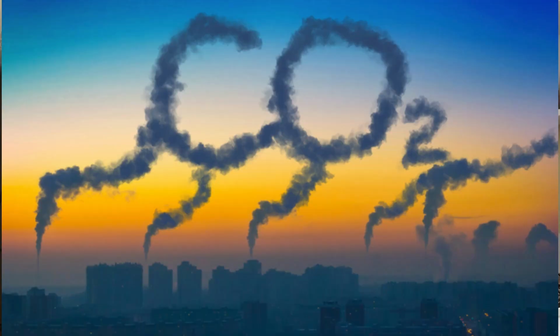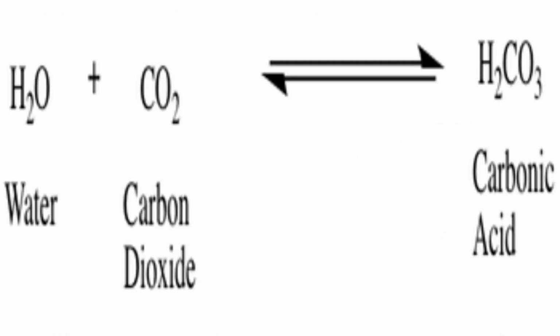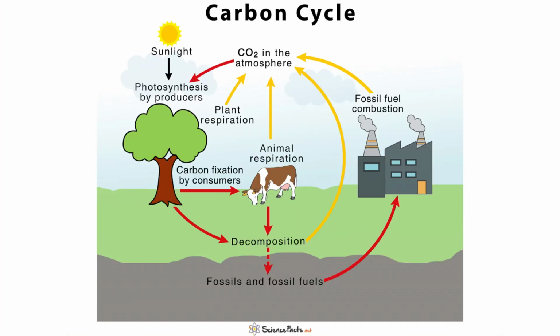For example, when carbon dioxide reacts with water, it forms carbonic acid. This reaction is an important part of the carbon cycle, which plays a crucial role in the Earth's atmosphere. Overall, the ball and stick model of carbon dioxide is a useful tool for visualizing the structure and reactivity of this important molecule. With all this in mind, let's get on to it.